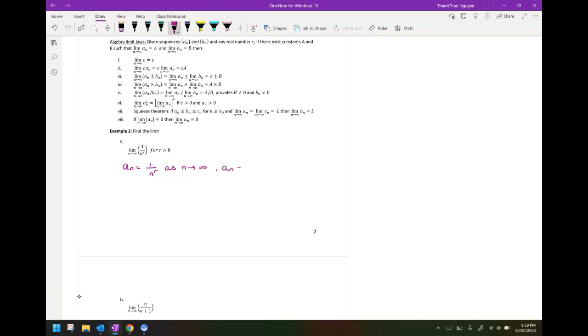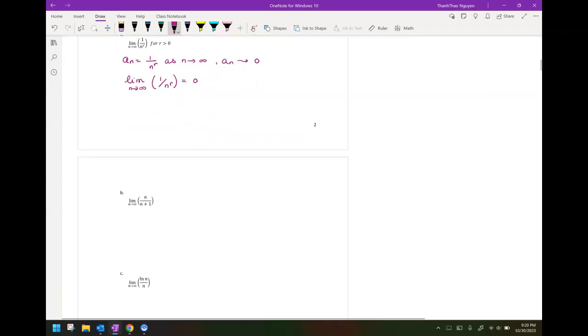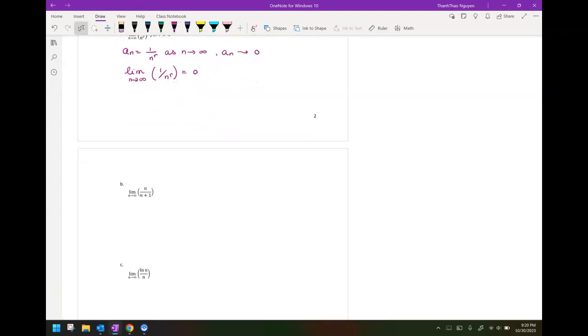A sub n then approaches 0 in this case. So the limit as n approaches infinity of 1 over n to the r, for r greater than 0, is equal to 0.